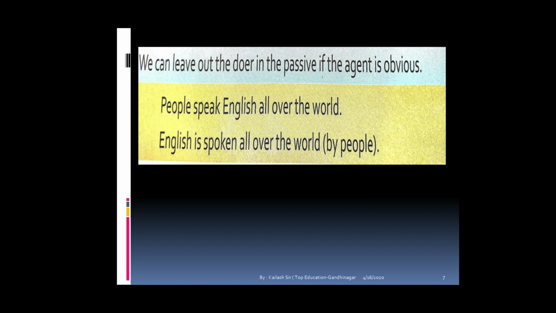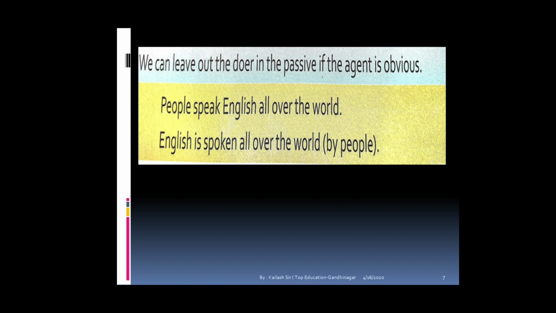We can leave out the doer in the passive if the agent is obvious. I have taught you that the format of the passive voice is object, verb, subject, but sometimes the subject is not given, in which case, as told previously also, we can leave out the doer in the passive if the agent is obvious.